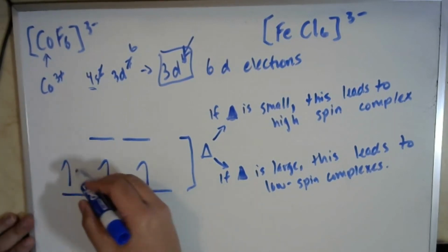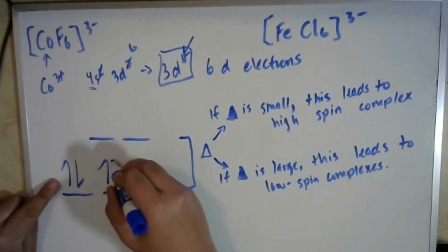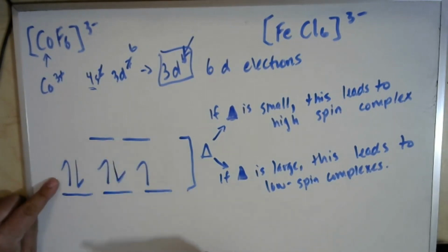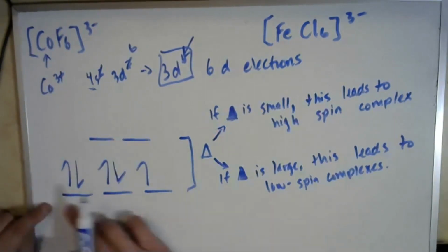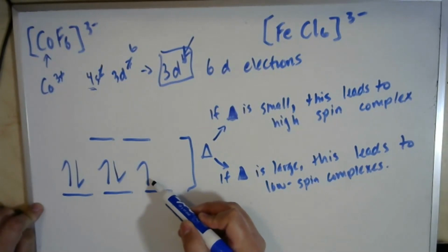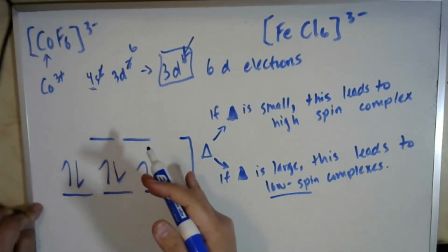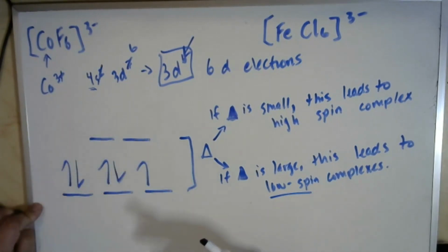Instead, I'm going to go back to the beginning and just sit over here with this guy because I don't feel like making that climb. Okay, so 6 electrons in a low spin complex will try to stay on the bottom level with the low energy. So you see how I only end up with 1 unpaired electron here, right? That's why it's called low spin. When all my electrons were spread out, I had 4 electrons with no pairs.